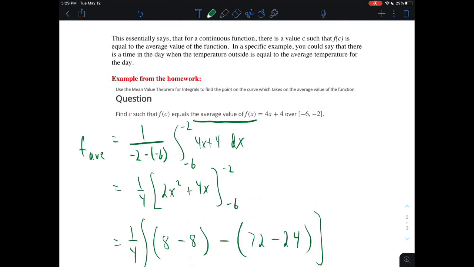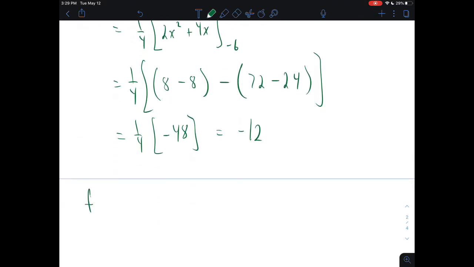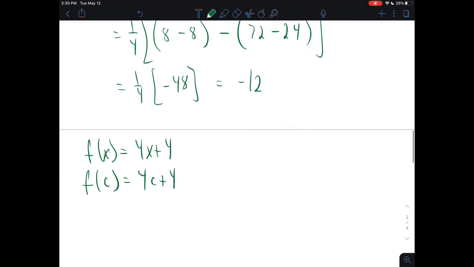Now find a value c such that f of c equals the average value. So first of all, if f of x is equal to 4x plus 4, then f of c is just quite simply plugging in c for x. And we want to solve f of c being equal to the average value of the function.